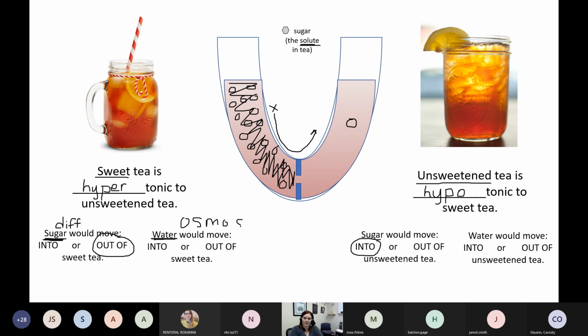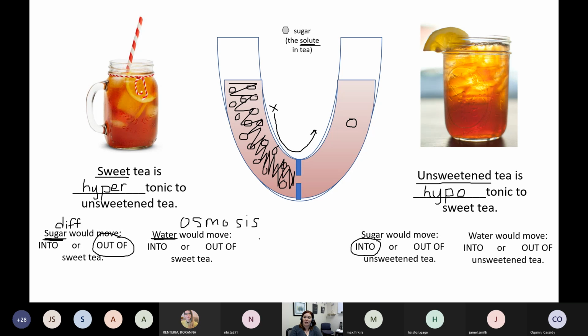It's the movement of water. When I talk about the movement of water, remember that water is going to go from where it looks like there's a lot of water to where it looks like there's less water. When I'm looking at my two sides of the tube over here, which side looks like it has more water in it?